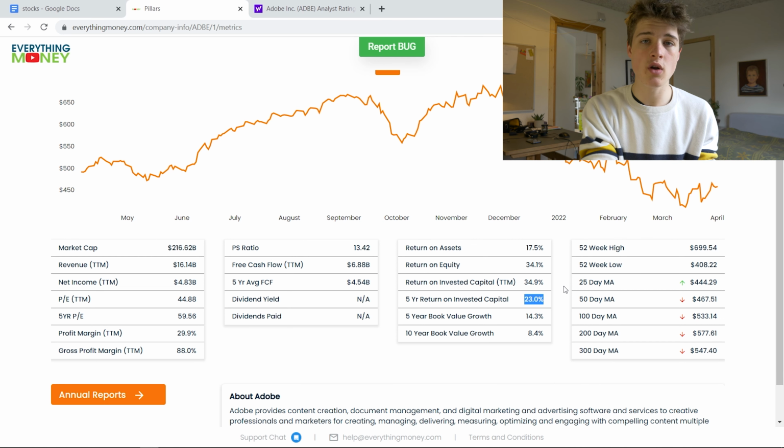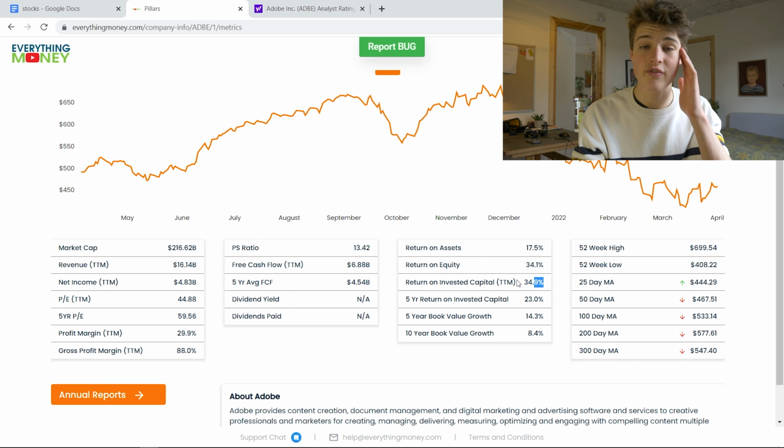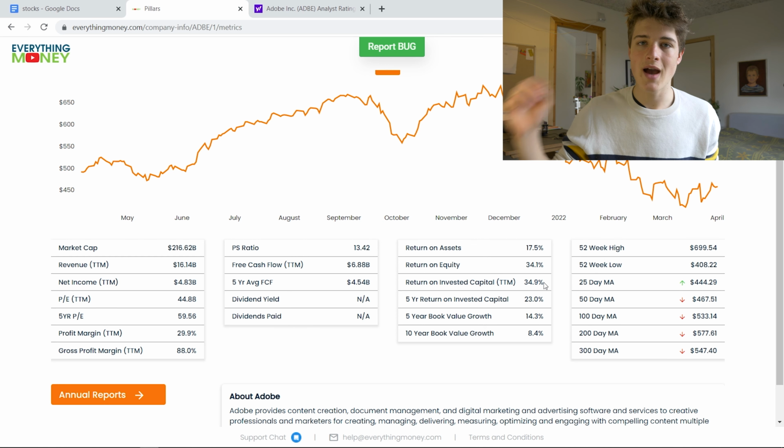So when you invest $100 into Adobe, they'll basically generate $23 in return on average over the past 5 years. Last year it was even higher, 34, almost 35. So that is a very high return that they generate. They're really good at using their investors' capital to generate returns, which is a very important thing. Their return on equity is also incredibly high.